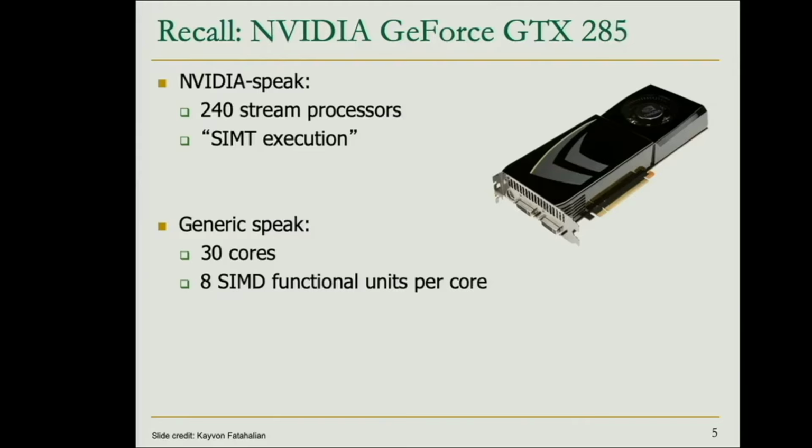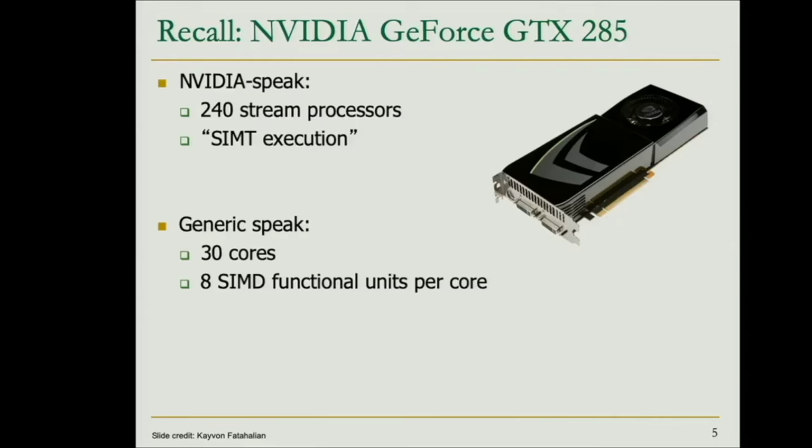In NVIDIA speak, this has 240 stream processors, and this is SIMT execution. Recall that we talked the other day about SIMT execution. We will recall that again today. And in generic speak, these 240 stream processors that NVIDIA also calls CUDA processors are actually 30 cores, 30 GPU cores, or 30 SIMD pipelines, each of them including eight lanes.